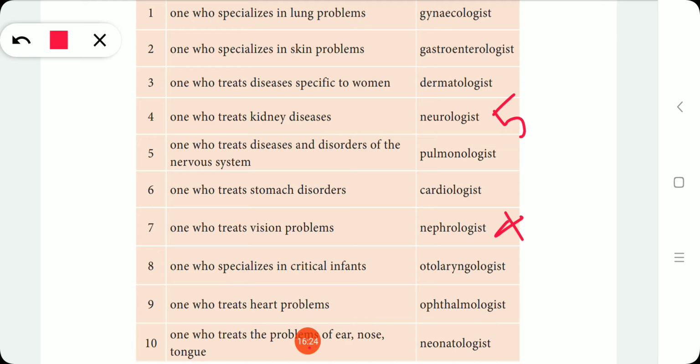One who treats stomach disorders, gastroenterologist. One who treats vision problems, ophthalmologist. One who specializes in critical infants, we call neonatologist. One who treats heart problems, cardiologist. One who treats the problems of ear, nose and throat, we call otolaryngologist.